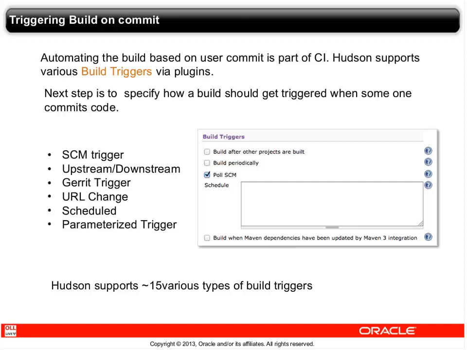Then Hudson acts like a cron and keeps building. But that's not how you want to do it. You want Hudson to poll your SCM and find out if any new code is checked in, and if no code is checked in, don't build. So Hudson also provides an SCM trigger, which is the most important thing you use to trigger your build.